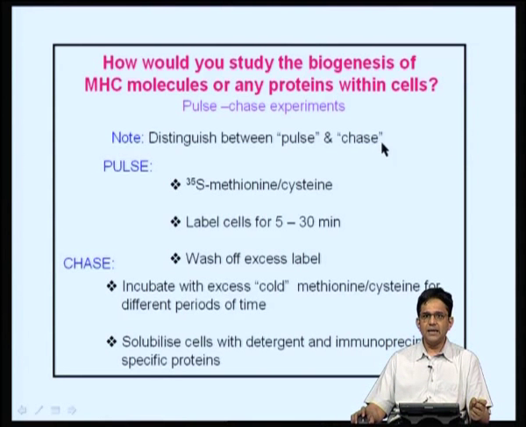In the pulse part, you pulse with a radioactive tracer, and for the type of experiments that we discuss, mainly cell biology experiments, you use S35 methionine or cysteine, because these amino acids would get incorporated in most proteins, and at least sulfur containing proteins, and that would be the pulse.